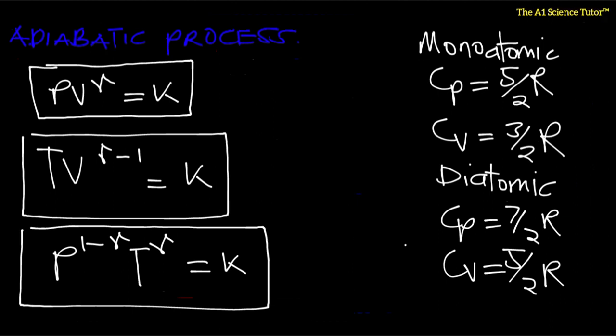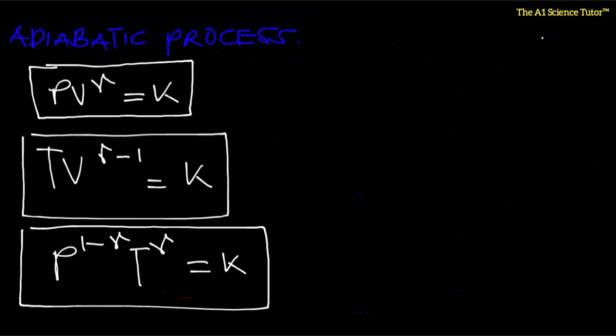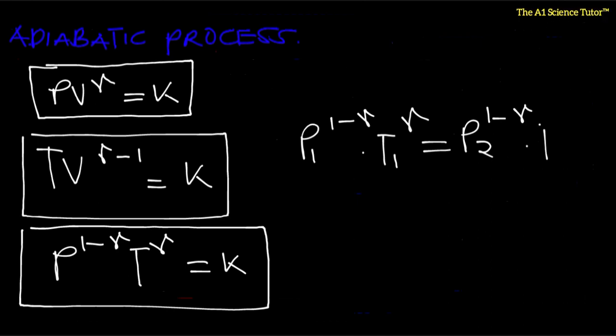That means you could have P1 raised to the power of 1 minus gamma multiplied by T1 raised to the power of gamma, equal to P2 raised to 1 minus gamma multiplied by T2 raised to the power of gamma. So that is basically what we're trying to say.